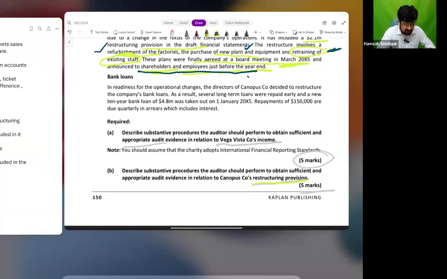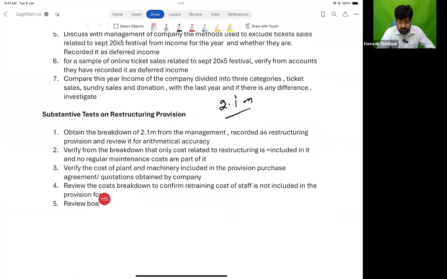Review board minutes of the meeting to verify the approval of restructuring by the board in March 20x5. Yes.